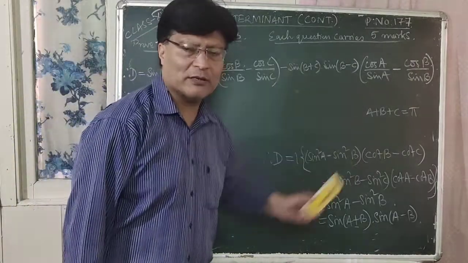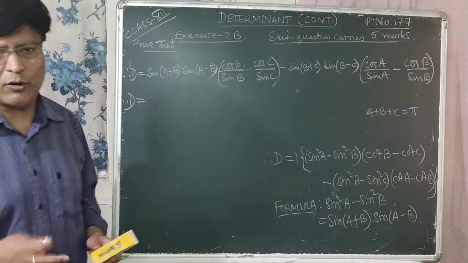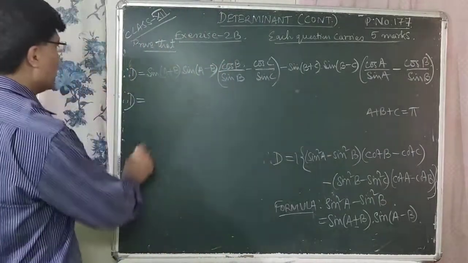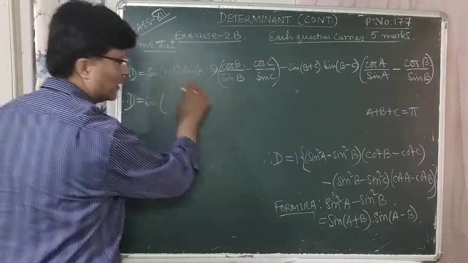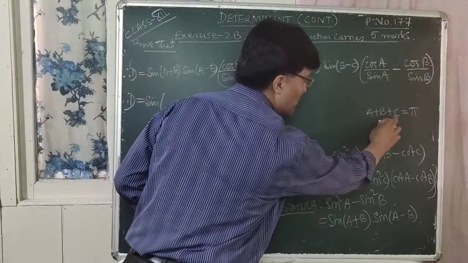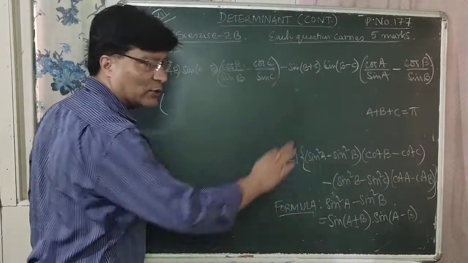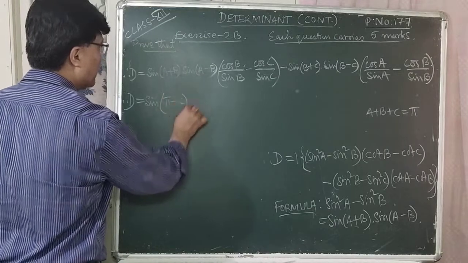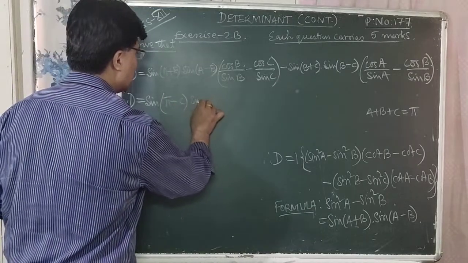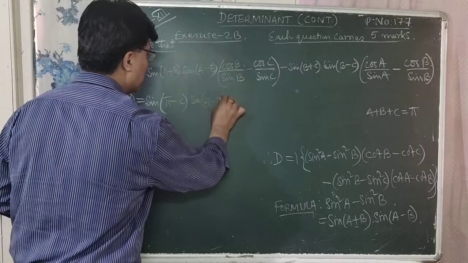The sum of the three angles of a triangle is equal to 180 degrees, or pi. So instead of A plus B, taking C to the right hand side, it becomes pi minus C. So instead of A plus B, you can write pi minus C.